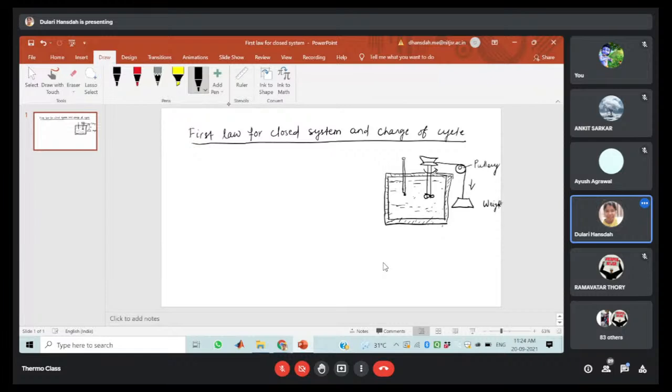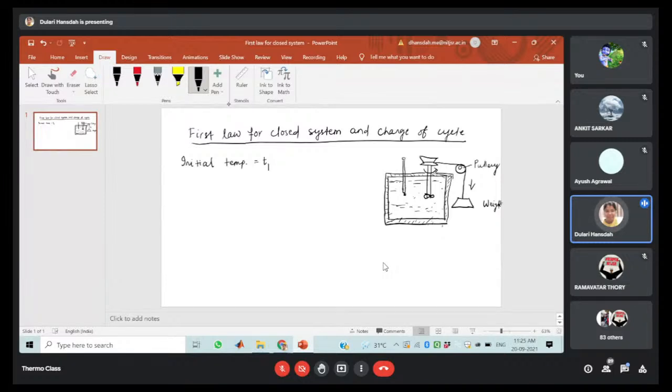Due to the fall of the weight, it will drive this paddle wheel through the pulley, turning the fluid, water in this case. Suppose your initial temperature is T1, which is equal to the atmospheric temperature, we can say.